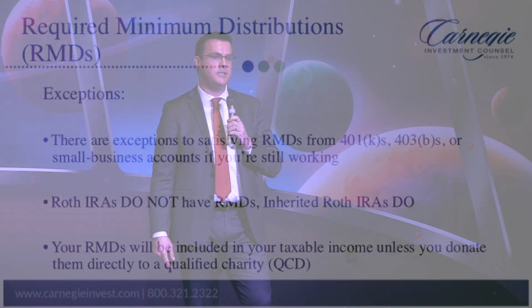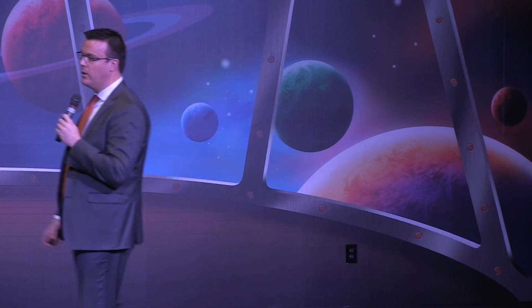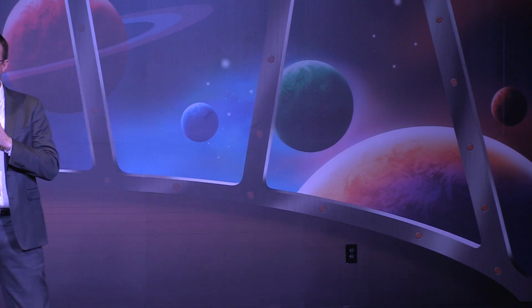It's called a QCD, an acronym for a qualified charitable distribution, where money goes directly from your IRA to a charity, a 501c3. If that takes place, you can avoid paying income taxes on that minimum distribution, and you can do that up to $100,000 per year.